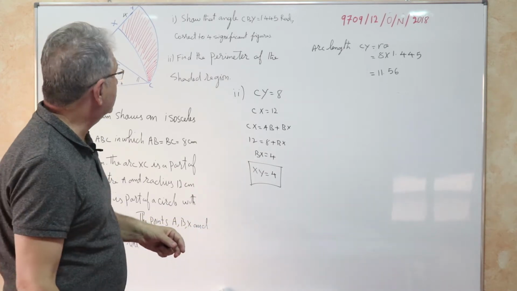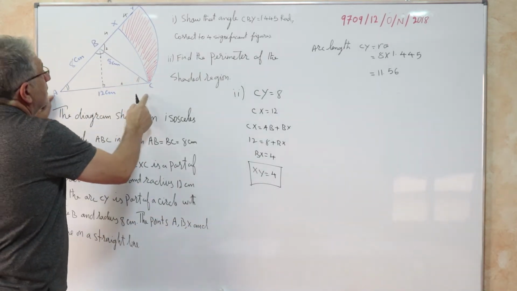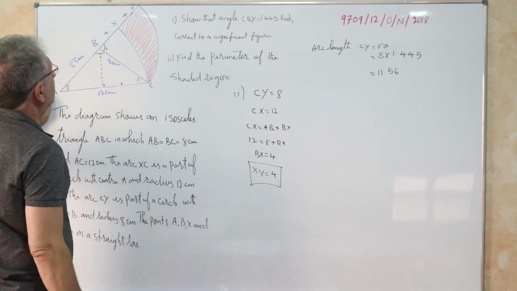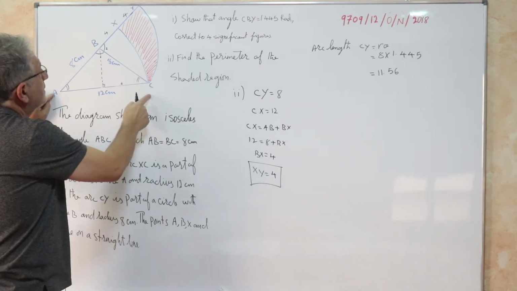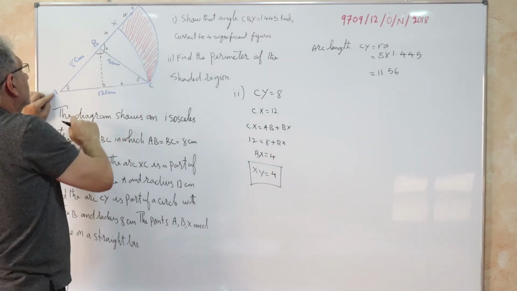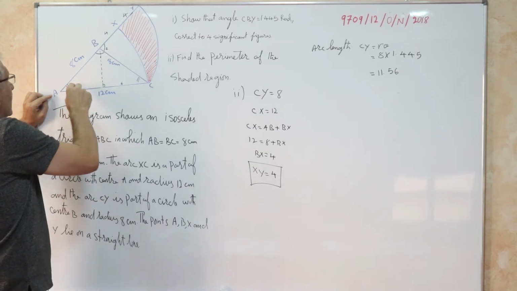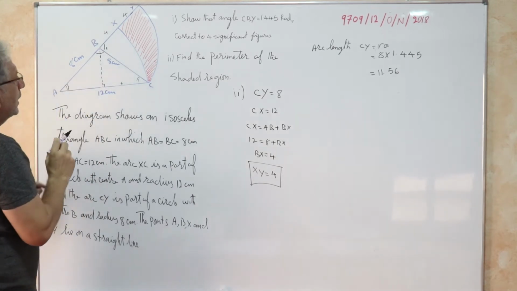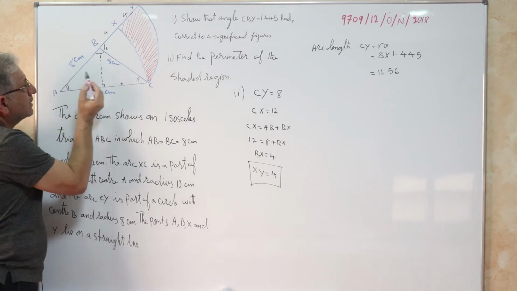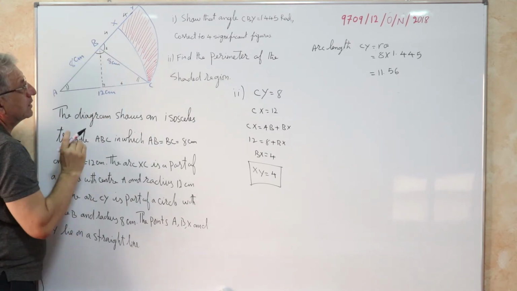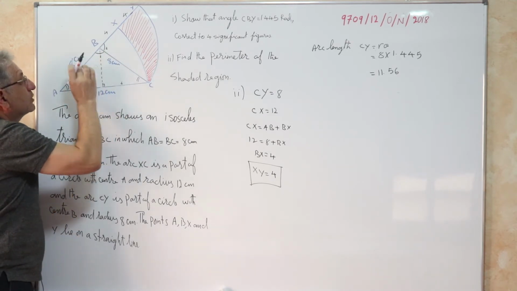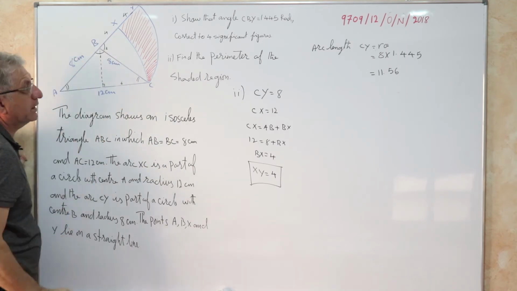Now, to get CX, I need the value of this angle here. I told you just now, this angle plus this angle should be equal to this angle. Since these two are equal, this angle is half of this angle here.